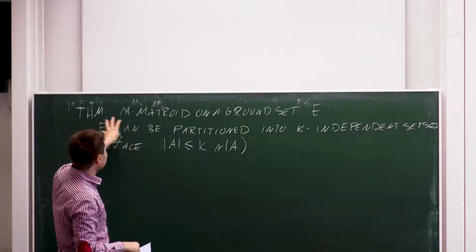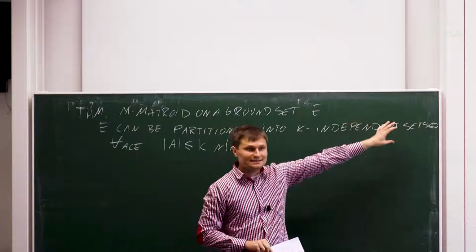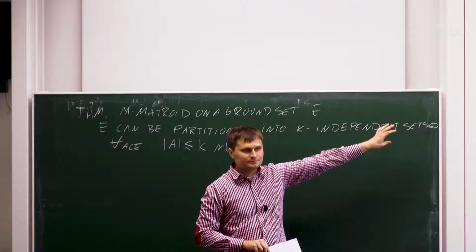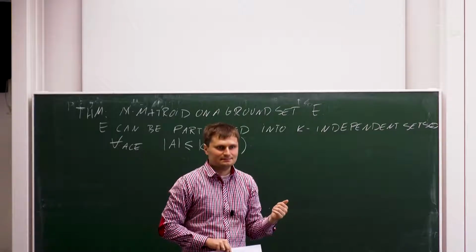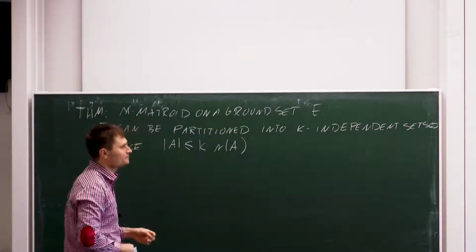Is it clear what I mean by E can be partitioned into k independent sets? It means that it's a disjoint union of k independent sets of the matroid M.